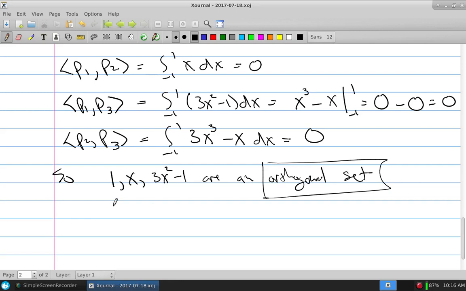And that's actually why we're interested in orthogonal sets.